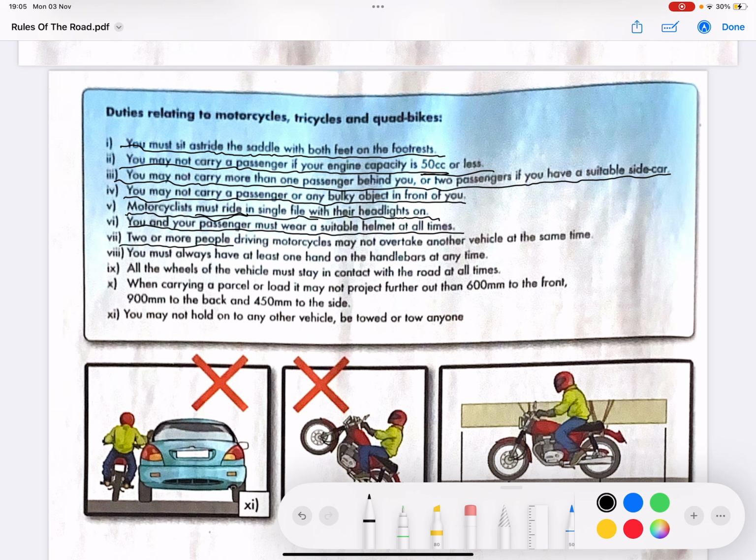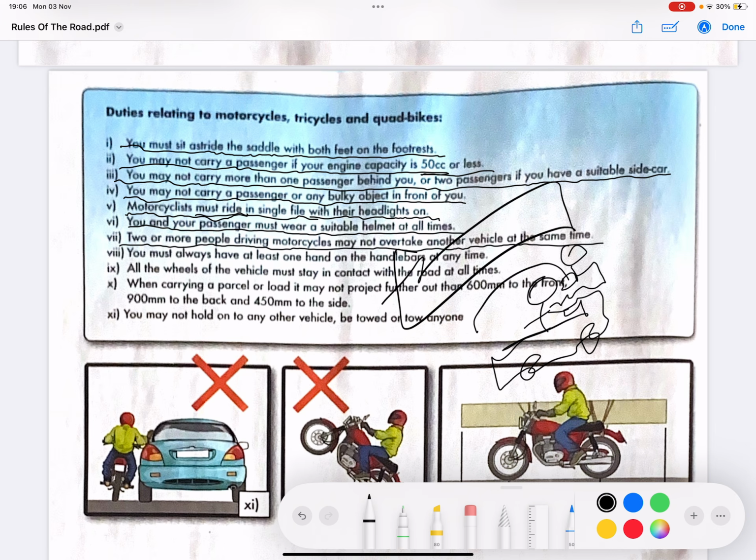Two or more people driving motorcycles may not overtake another vehicle at the same time. So that means it's you with your motorbike here and your friend that side with a motorbike here. You may not overtake one vehicle at the same time. You may not do that. Okay.